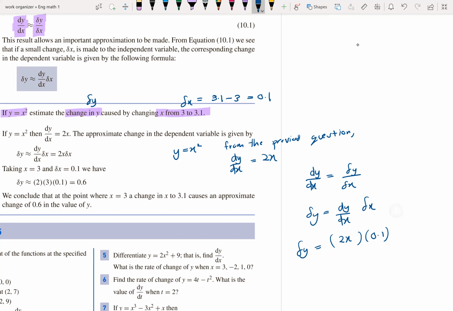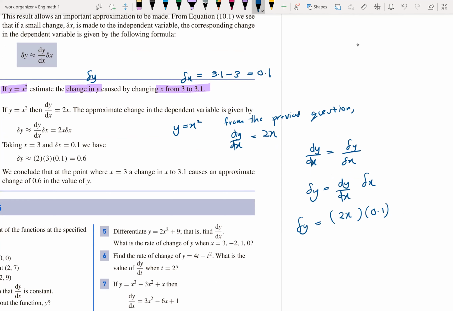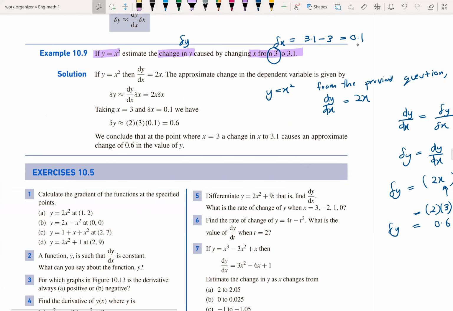Then we replace x with 3, because originally it is 3. So we have 2 times 3 times 0.1. So it will be 0.6. So the change in y is equal to 0.6.